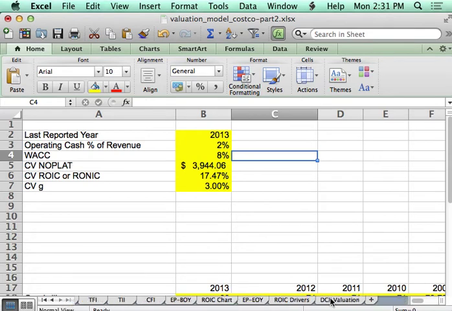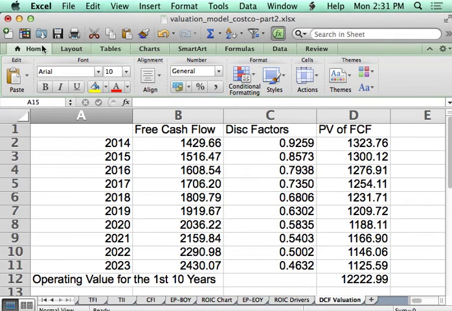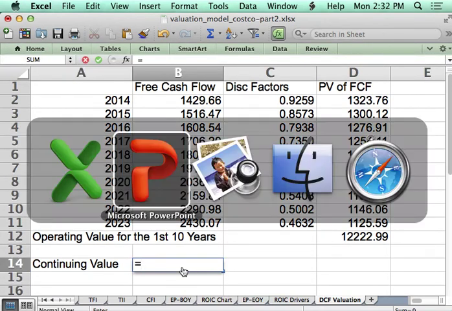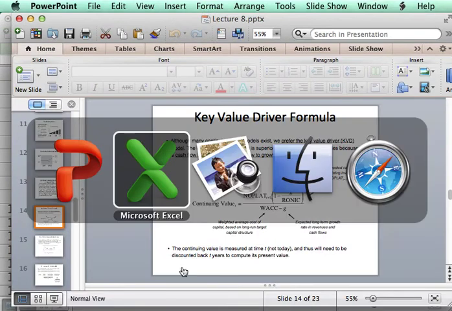So I'm going to come back to my DCF valuation. And for continuing value equals, basically going to put in this formula.